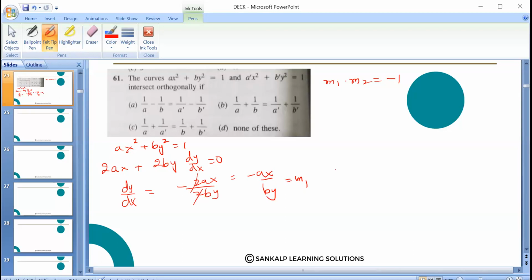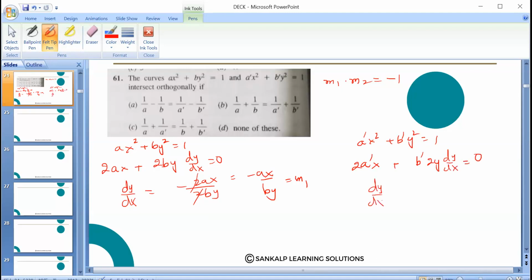But we have to find the point of intersection also. Now for the second tangent, a dash x square plus b dash y square equal to 1. Taking derivatives, we get 2a dash x plus 2b dash y into dy by dx equal to 0.